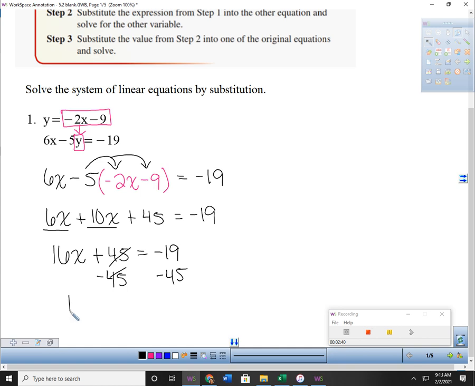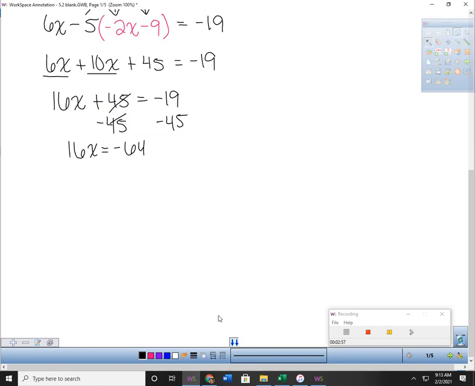That's going to give me 16x is equal to negative 64, if my math serves me correctly. All right, and then I'm going to divide by the 16, and that gives me an x value of negative 4.